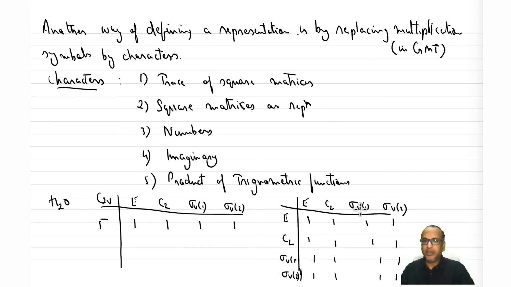Similarly, sigma V1 into C2, whatever product it should give, it is giving as 1, and then we are getting 1 under sigma V2. So basically all the products are following the characters which are defined by E, C2, sigma V1, sigma V2, right? So let's call this one representation.